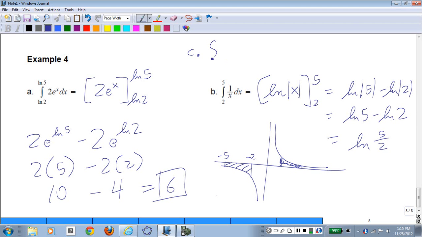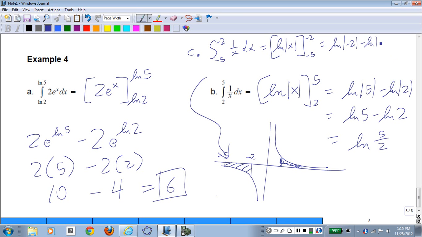The integral from negative 5 to negative 2 of 1 over x dx, it's going to be this area down here. This would be natural log of the absolute value of x going from negative 5 to negative 2. It would be the natural log of the absolute value of negative 2 minus the natural log of the absolute value of negative 5.